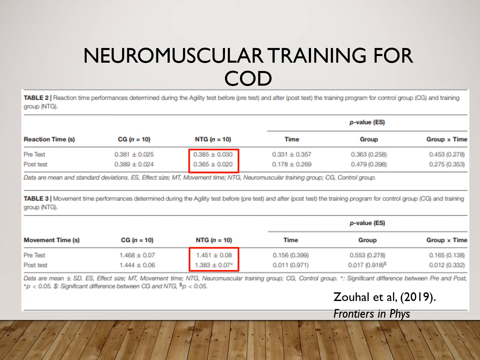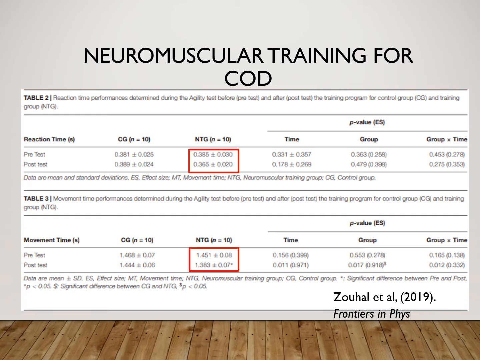Now, another form of training that can be utilized to develop change of direction is neuromuscular training as a whole. In this study, they performed a number of drills regularly with this neuromuscular training group compared to a control group, and they explored the impact over a season that this can have on reaction time and movement time during an agility test.